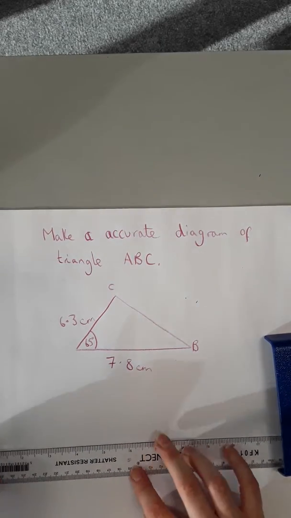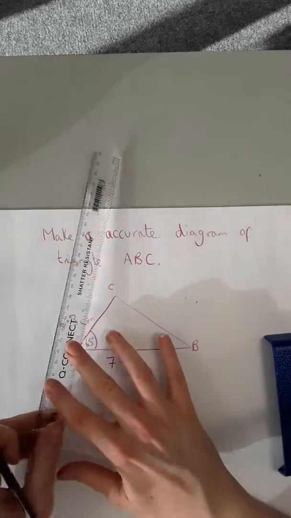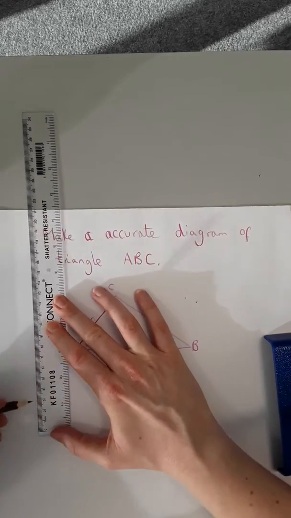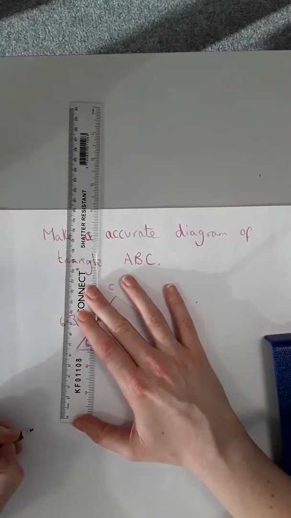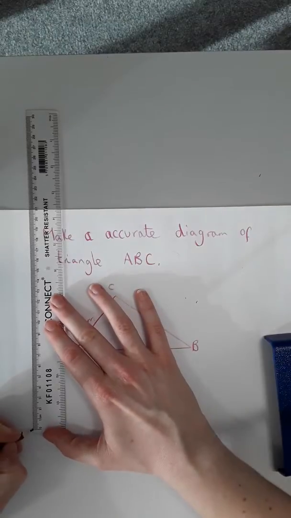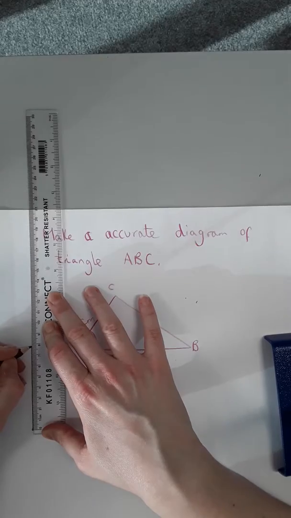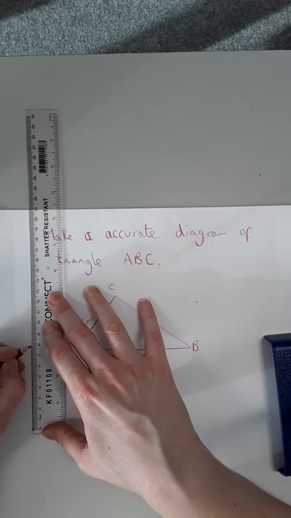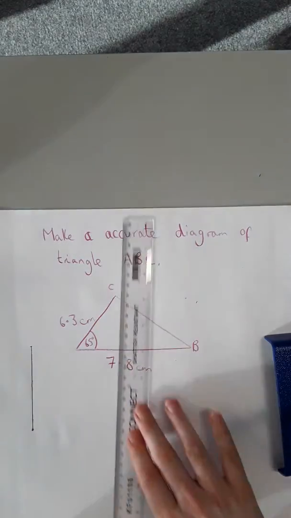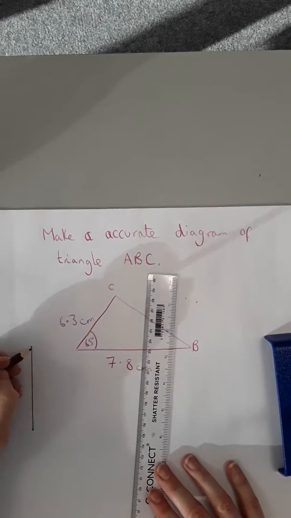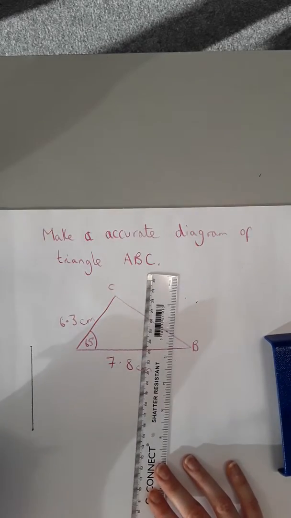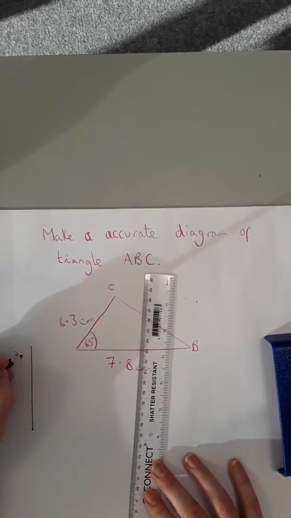So the first thing I'm going to do is measure a 7.8 centimetre line. I'm going to put a dot here and line it up, and I'm going to draw a 7.8 centimetre line, and I'm just going to put a little dot there to make sure that I've got an end dot and a start dot, and label it 7.8.